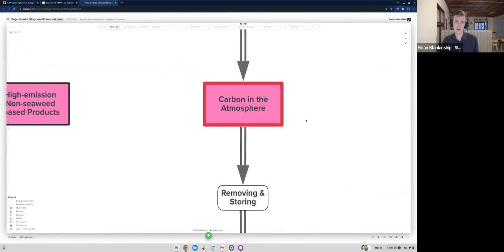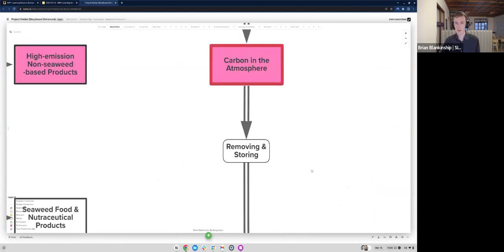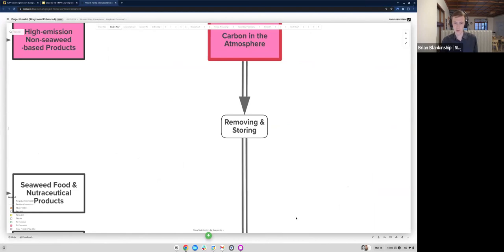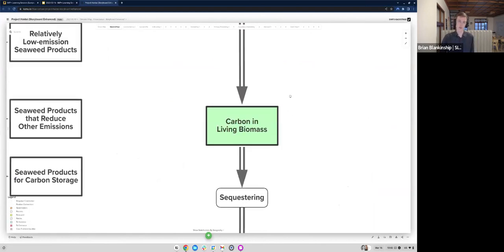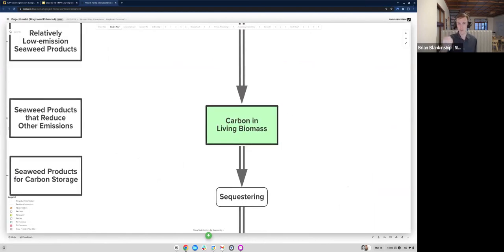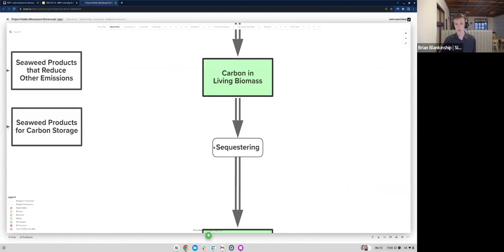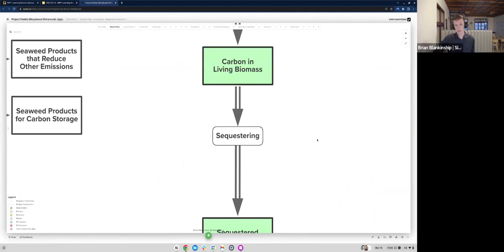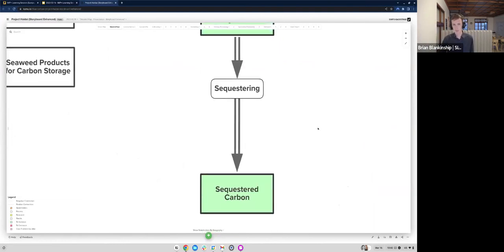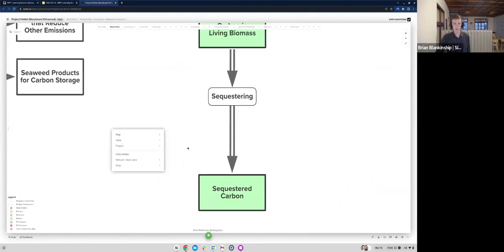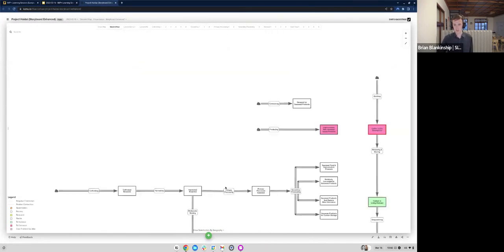It starts with decreasing, that's why it's red, decreasing the stock of carbon in the atmosphere through these processes of removal and storage. This is the seaweed map, so first growing the stock of seaweed, and then hopefully finding ways to make sure that it doesn't just get re-released into the atmosphere, by sequestering it down into the deep ocean or other places.